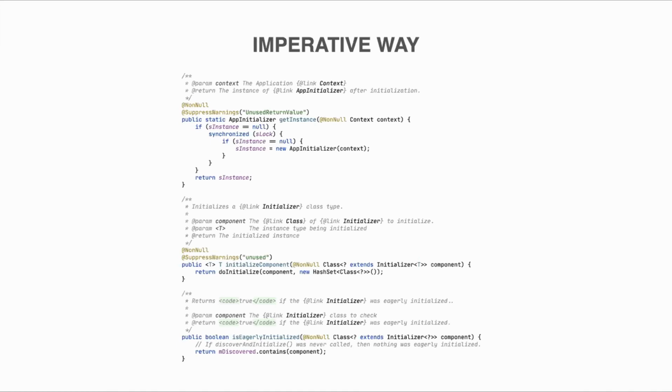Behind this is just a common implementation where you can initialize your own initializer, as you can see. And the second method, isEagerlyInitialized, is basically just checking if it's already initialized or not. I think, if I remember correctly, it's all backed by a hash map in the source code.